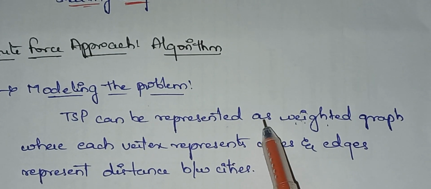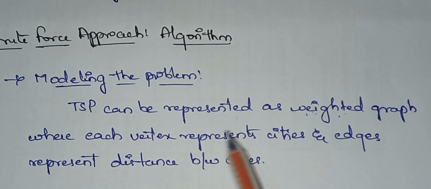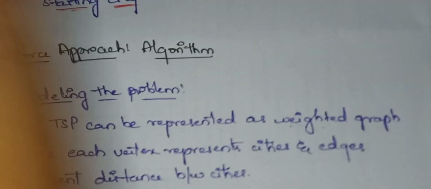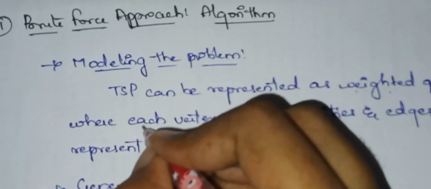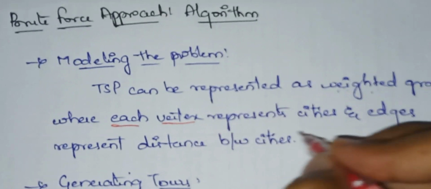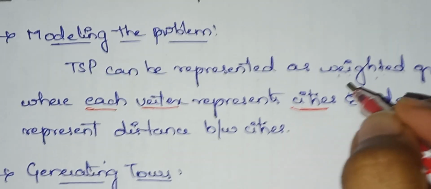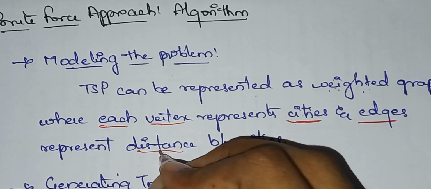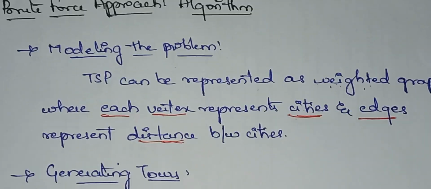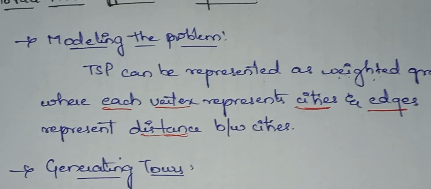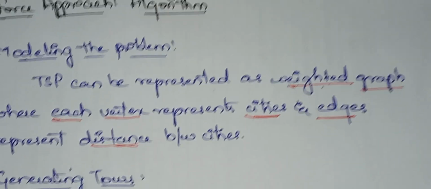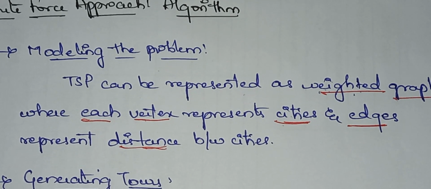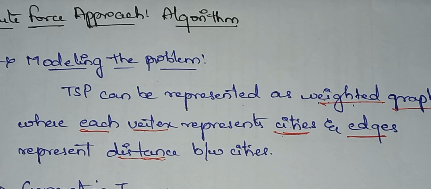So each vertex is represented as a city, and the edges represent the distance between the cities.